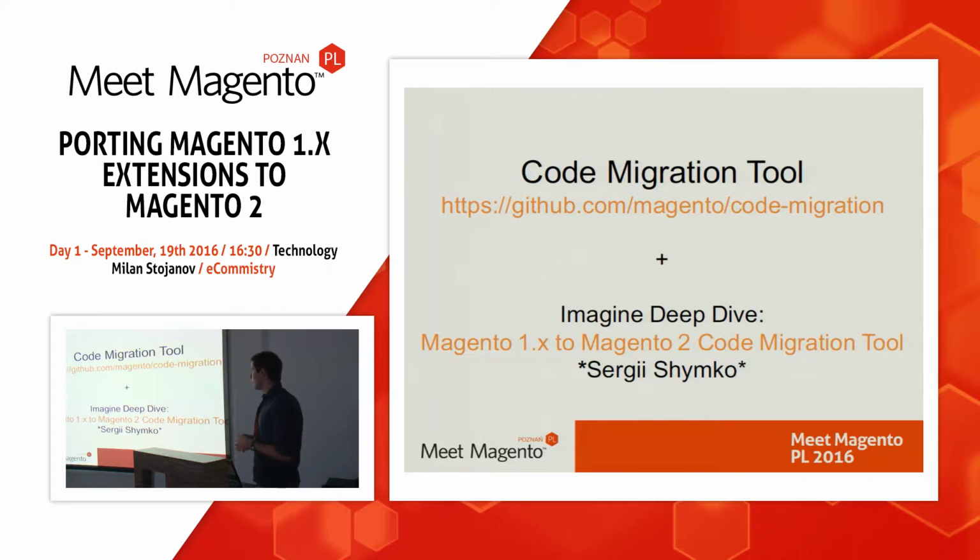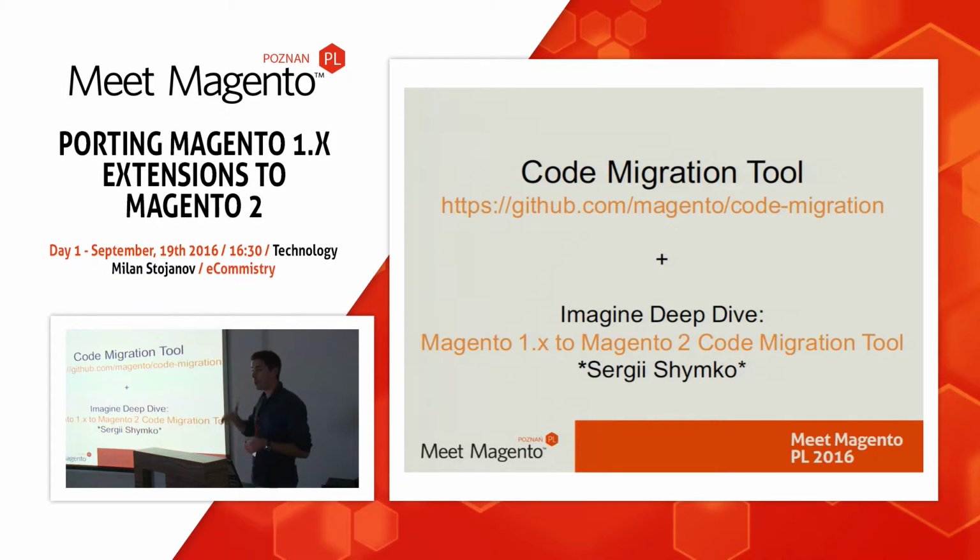And thankfully, Magento has published the official tool for this, which is called Code Migration Tool. It's available on GitHub, and once you get there to the GitHub page, you will see really nice documentation, very well explained.